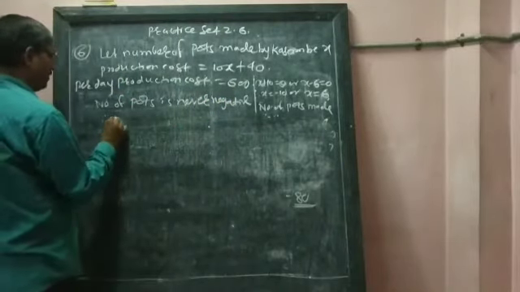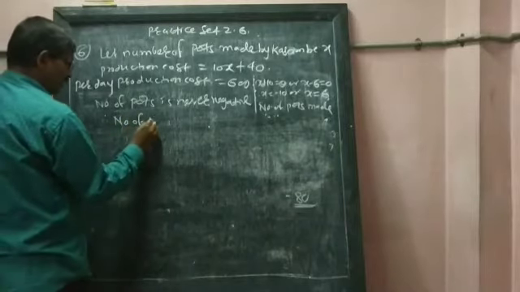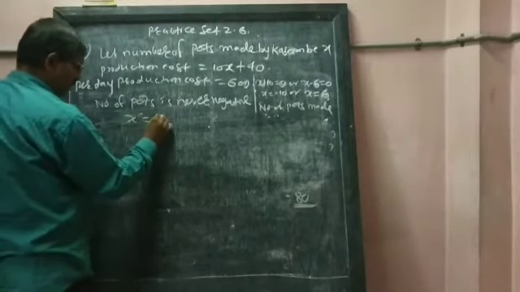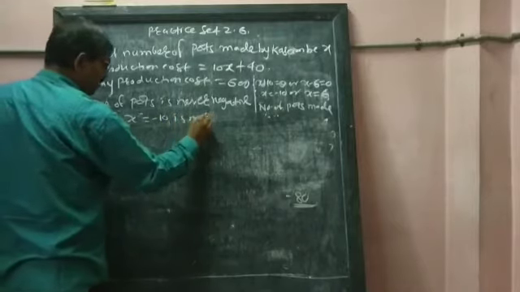Therefore, number of pots, therefore x equal to minus 10 is not acceptable.